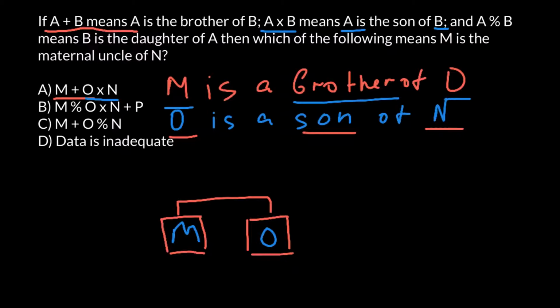We don't know the gender of N. N has to be one of his parents, whether a mother or a father, so we don't know where to put N. It can be here or here. But anyway, what we are looking for is which of the following means M is the maternal uncle of N. And of course M cannot be an uncle of any of his parents. So this is a wrong answer.